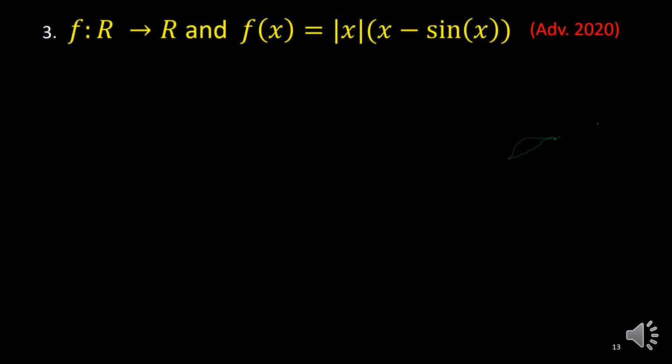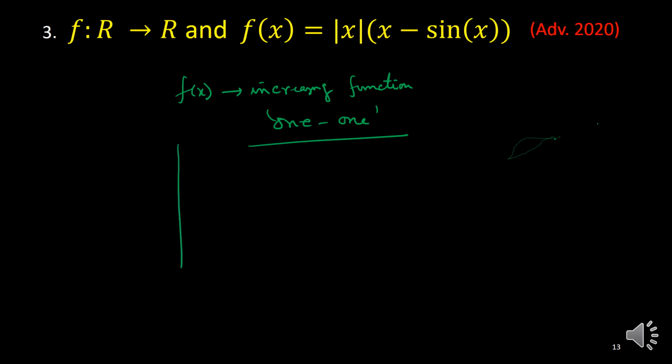I can consider that f of x is one increasing function, thus it is 1-1, right? Now we need to understand the range, so again you can see the graph for that. At 0, what is the value at 0? f of 0, obviously it is 0.